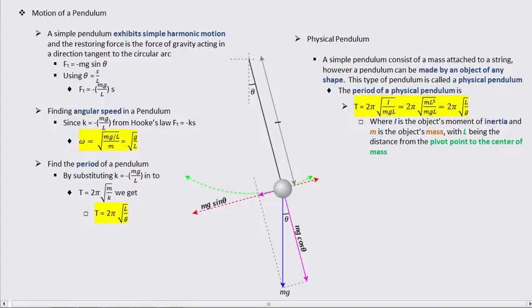But before that, we have 2 pi times the square root of I, which is our object's inertia, divided by the object's mass times gravity multiplied by L, which is the length from our pivot point to the center of our mass.